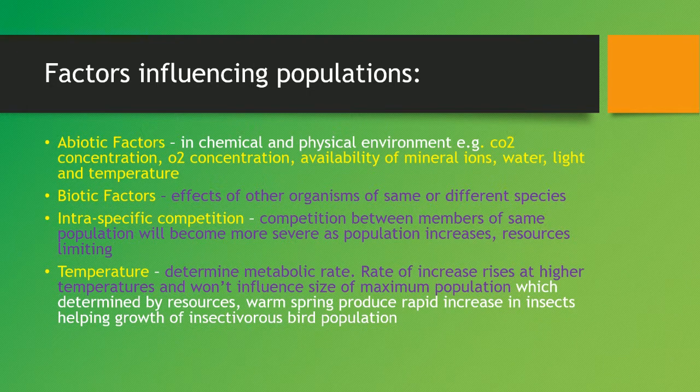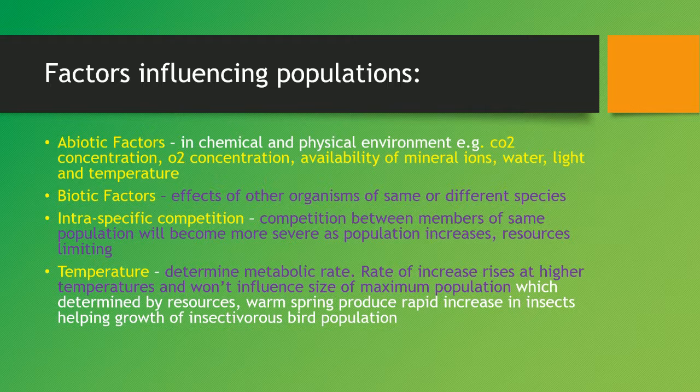So there are different factors which influence populations. The first ones are known as abiotic factors, and these are in the chemical and physical environment. Examples include carbon dioxide concentration, oxygen concentration, the availability of mineral ions, water, light, and temperature. The biotic factors are effects of other organisms of the same or different species.